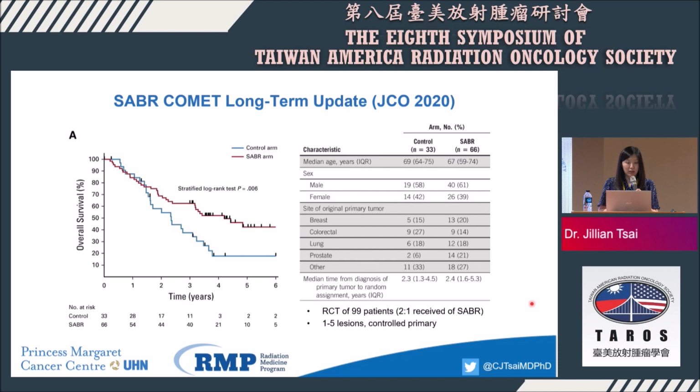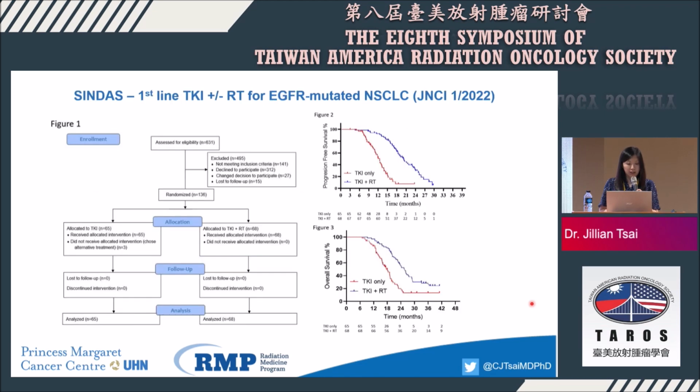Similarly, the SABR-COMET trial, which included various histologies, also showed that the addition of SBRT improved overall survival. And this is a study conducted in China, probably less well-known, but in a more specific lung cancer population with EGFR mutation and stable after first-line TKI. The addition of radiation therapy, again, showed improvement of overall survival and progression-free survival.